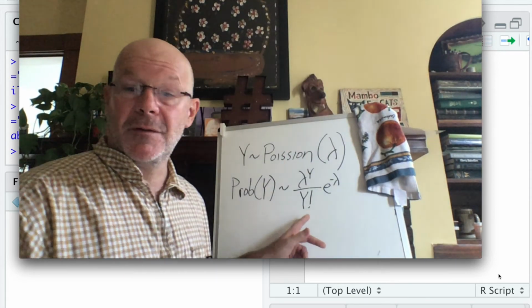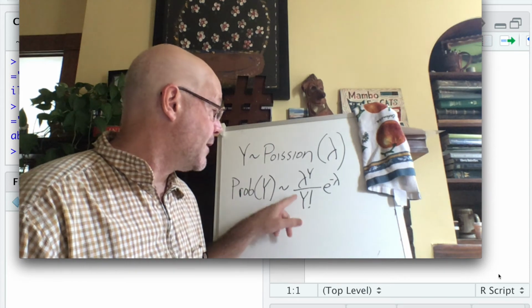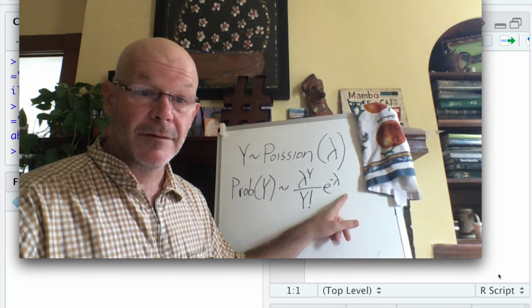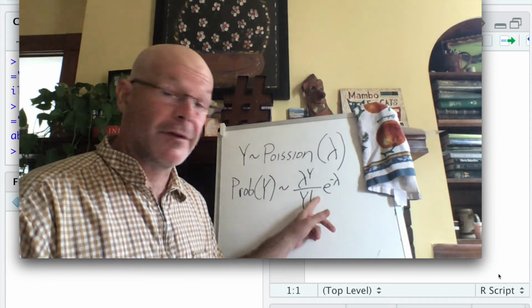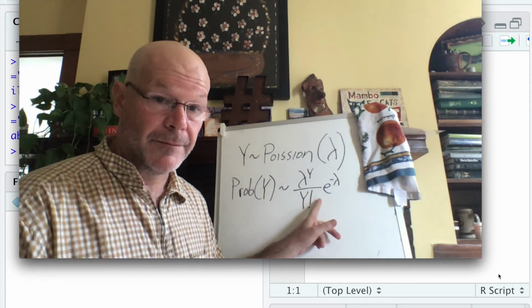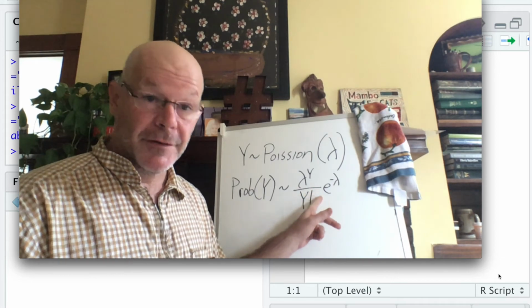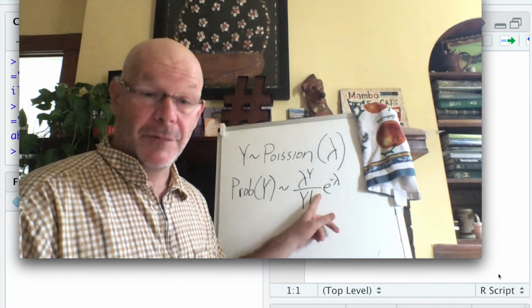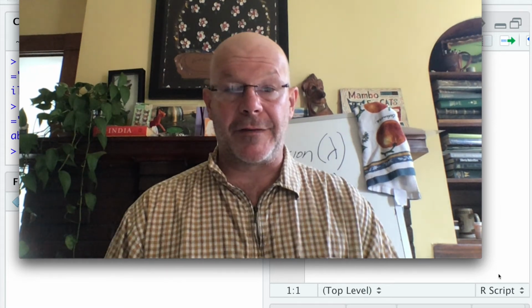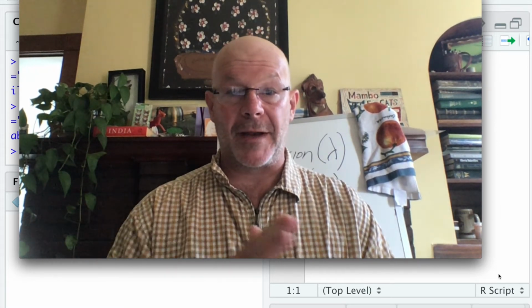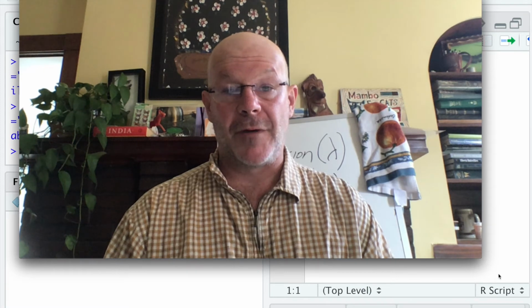And just like we did with the binomial, we could take this probability mass function, we could take the first derivative of it, and we could solve for where the slope is equal to 0. And if we were to do that, which we're not going to do, what we would find is that lambda is estimated as the arithmetic mean of all of your observations.